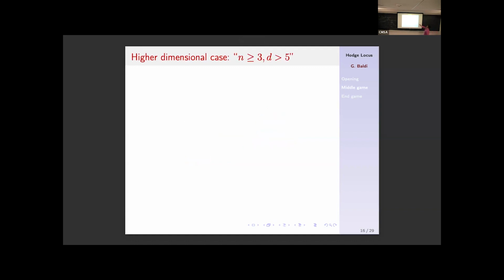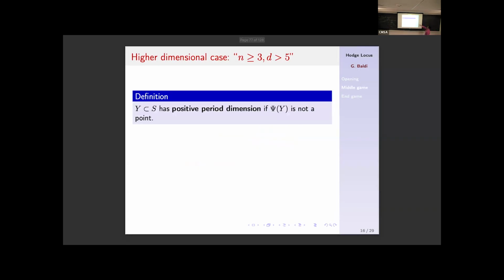And before I need this to introduce this definition. We want to describe the arithmetic and the algebraic geometry of the Hodge locus. So we say that a subvariety of our base has positive period dimension if its image under the period map is not a point. The positive period dimensional ones are not isolated points, but more like points with extra symmetries.